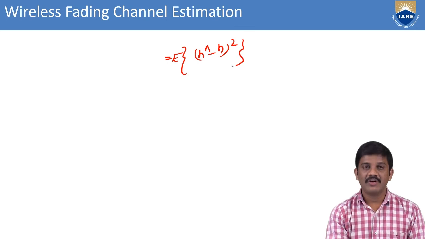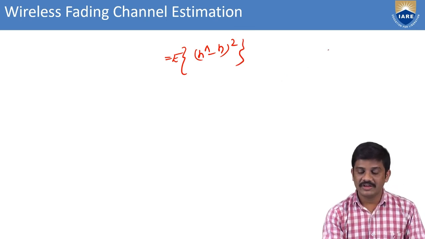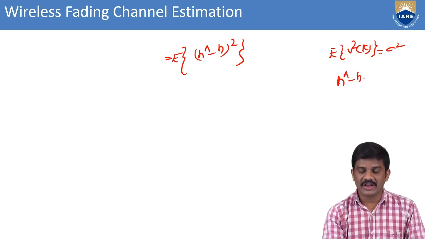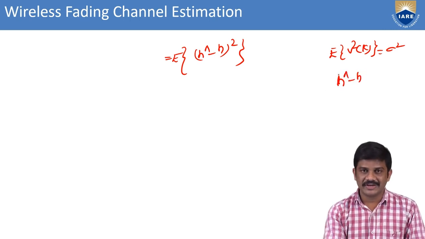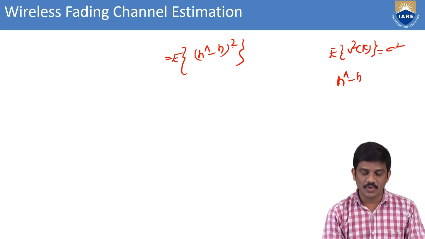How can we write the estimation of v square of k? We have sigma square, like that, with h hat minus h. Then I can take the variance, that is h hat minus h whole square.